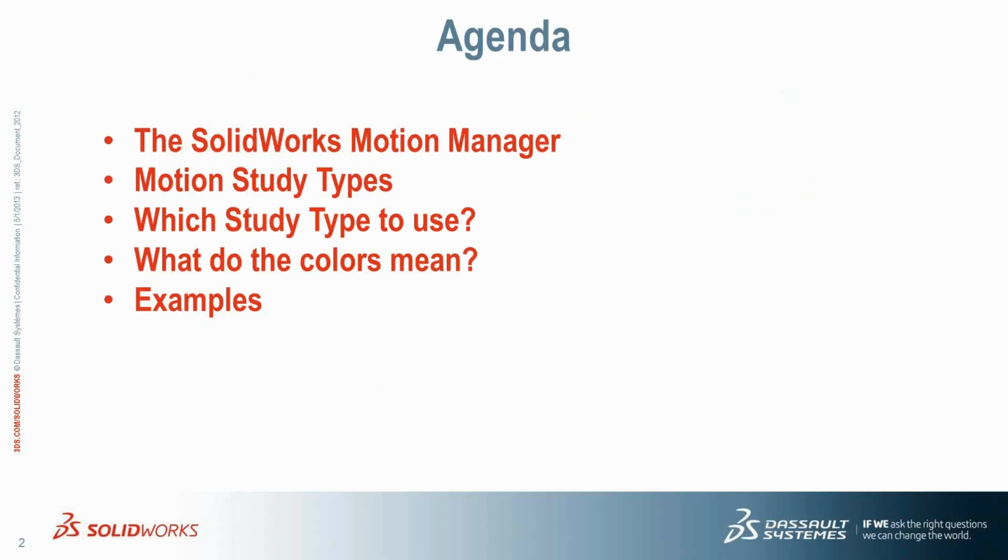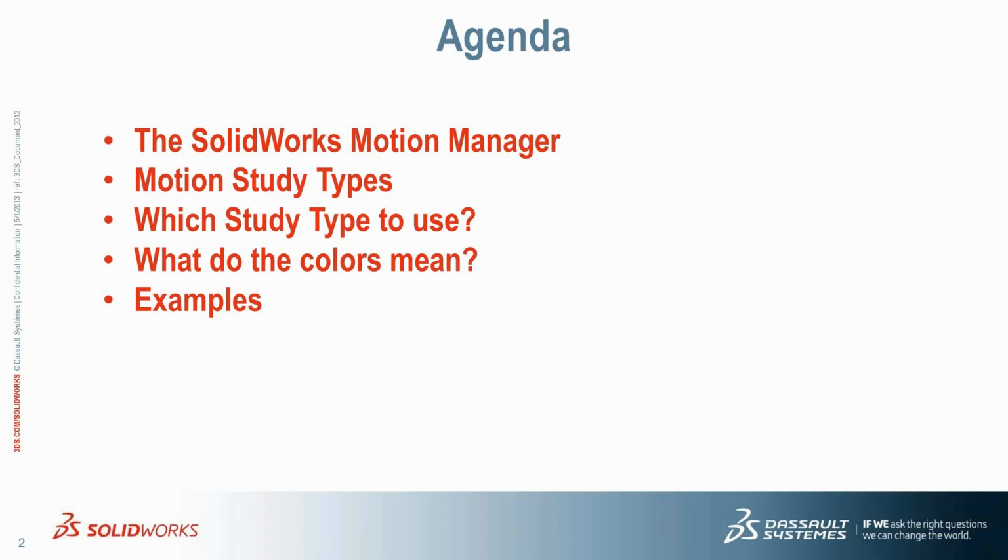So our agenda is this: what is the SolidWorks Motion Manager? Let's go through the interface and understand how we use it. I want to talk about the different motion study types that I just polled you on. And then I want to come back and forth between the next three things. First is to understand how we decide which study type we want to use.